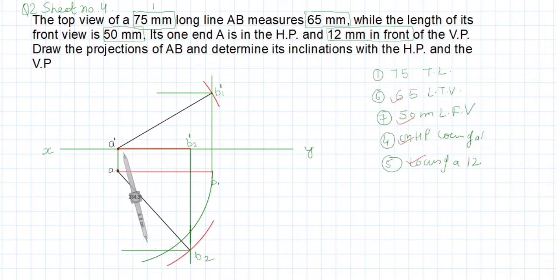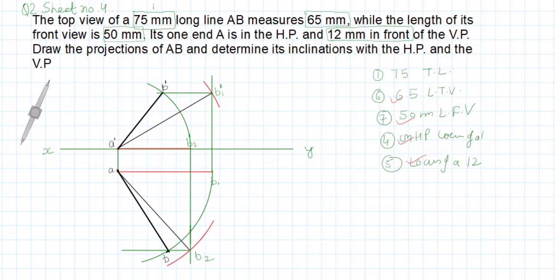Similarly, for the front projection of the line, we place it here and make an arc. Wherever that arc cuts the locus of B1 dash, that will give us the point B dash, and wherever the arc cuts the locus of B2, that will give us the point B. So this is B dash and this is B. With this we have finished the projections.